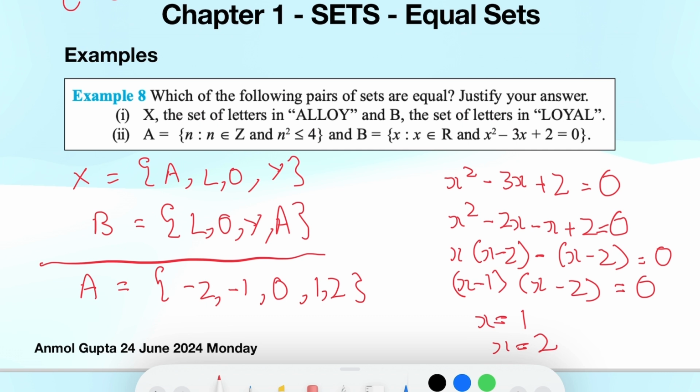Now if we compare set A and set B, we can see that 0 belongs to set A, but it is not included in set B. So they are not equal. So we can write A is not equal to B.